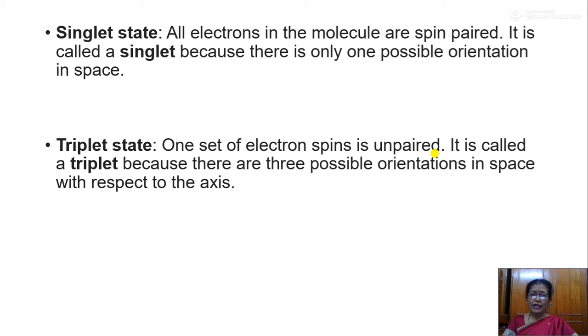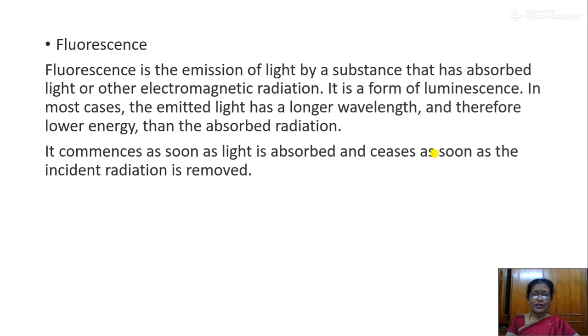So, the triplet, because it contains the spin of unpaired electrons, can orient either in the x-axis, the y-axis or the z-axis. So, this is the difference between singlet and triplet.